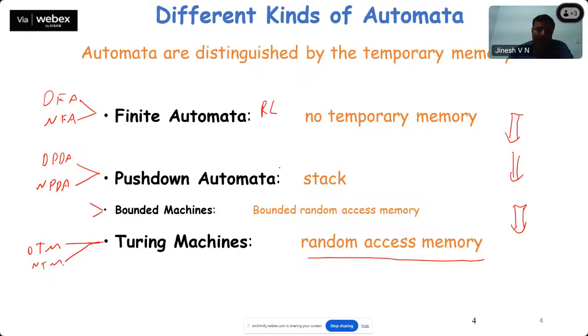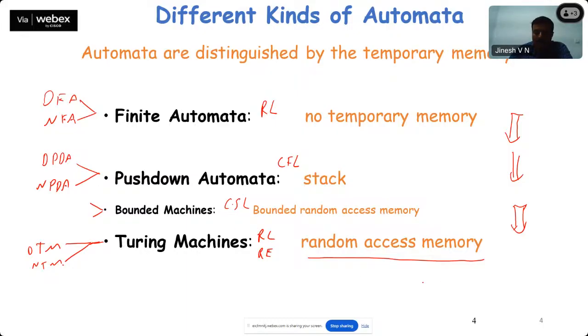Languages represented by pushdown automata are known as context-free languages. Then we have recursive languages and recursively enumerable languages represented by the Turing machine, and context-sensitive languages can be represented by bounded machines.